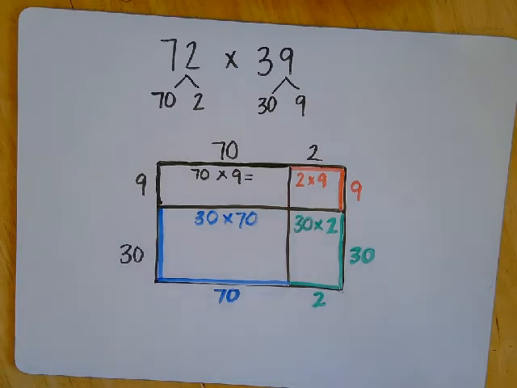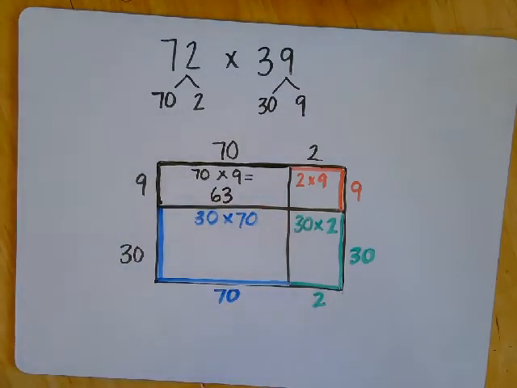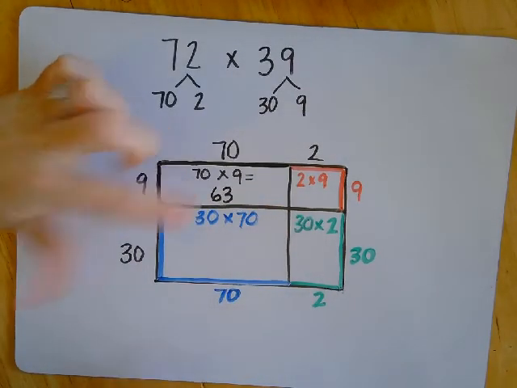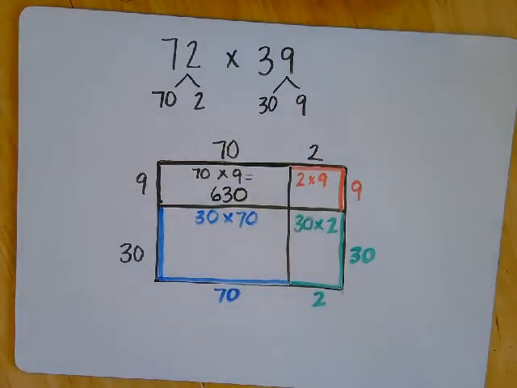If I look at this first square as 7 times 9, I know that 7 times 9 is 63. But because I'm multiplying by a 10, I also need a 0 in my answer. So 70 times 9 is 630.